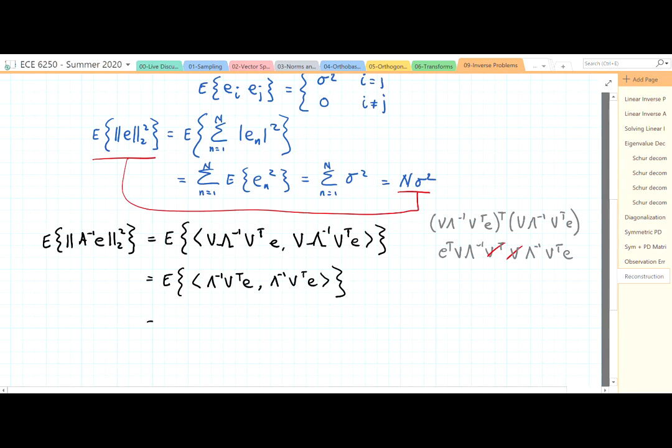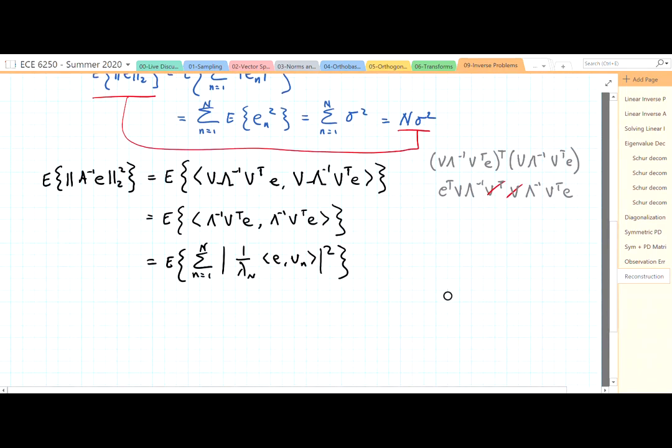This can be written again as a sum, and this technique is actually pretty common for some of these proofs, because once we simplify it down a little bit, we've got the magnitude squared using the spectral decomposition, and we just push it through, terms disappear, and we end up getting something we can actually use.